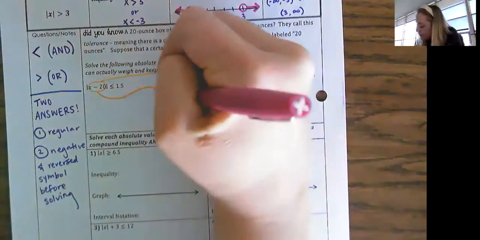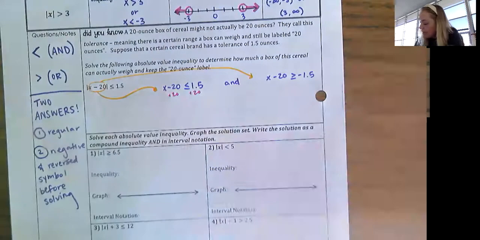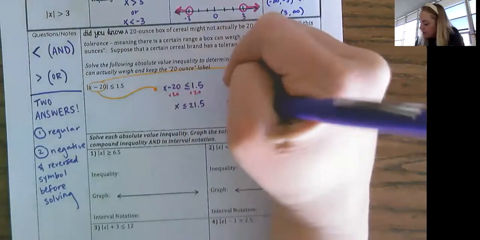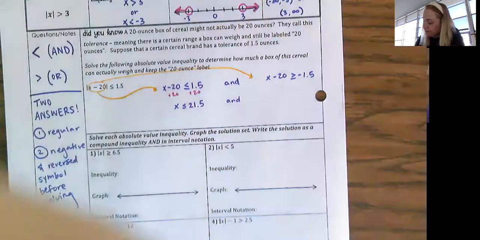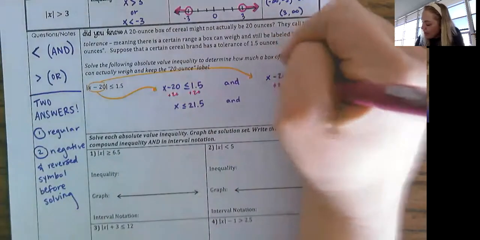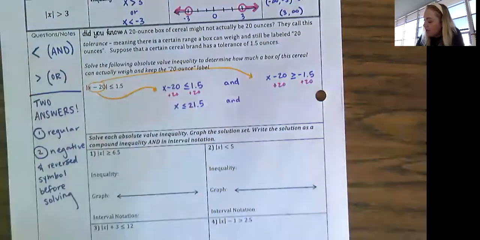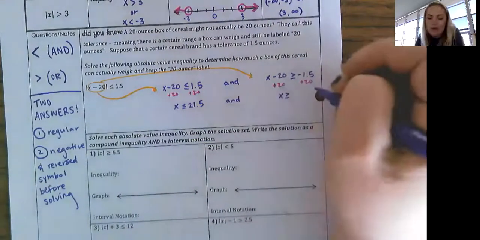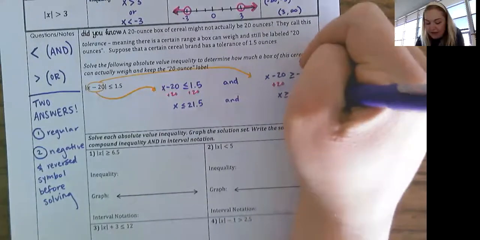So for this first one, I can add 20, and I get x is less than or equal to 21.5. Don't forget to rewrite the word and. Over here, I add 20, and I get x is greater than or equal to, negative 1.5 plus 20 is positive 18.5.